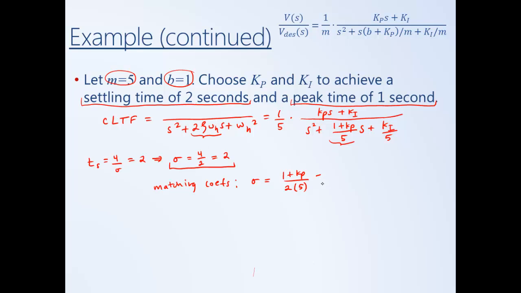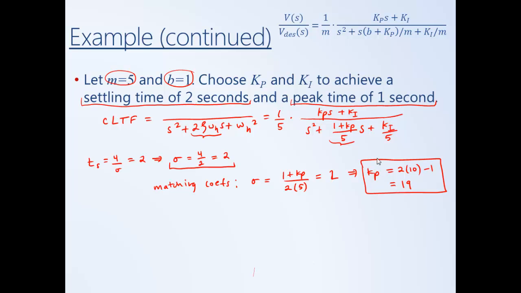And it's desired that this equals 2. Then we can simply solve for Kp. So we have 2 on the right hand side, we can multiply through by 10. And then to get Kp by itself, we subtract 1 from both sides. We get that Kp is equal to 19. Or at least that's a good starting point for a choice of Kp.